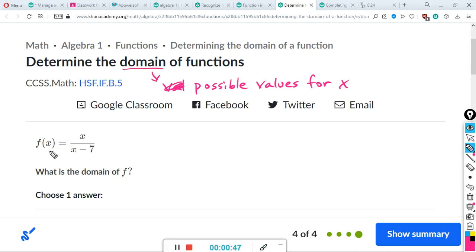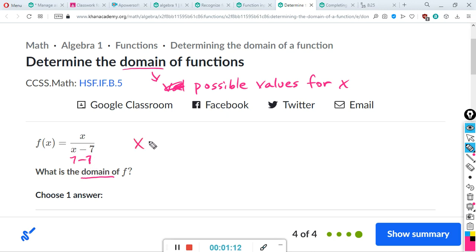So here we have a function, f of x, x divided by x minus 7. They want to know the domain of f. As far as I know, x can be any number except 7, because if you plug in x equals 7, you will have 7 minus 7, and that equals 0, and you can't divide by 0.